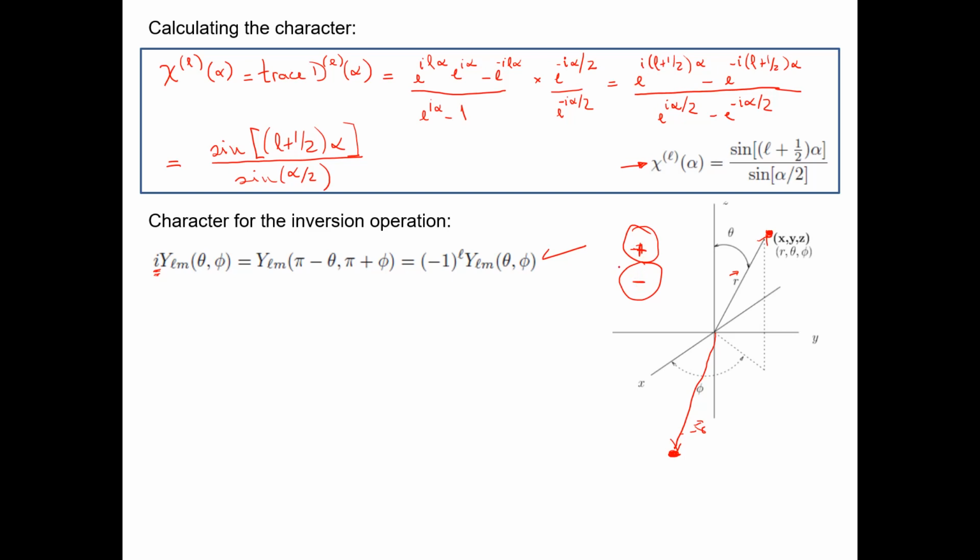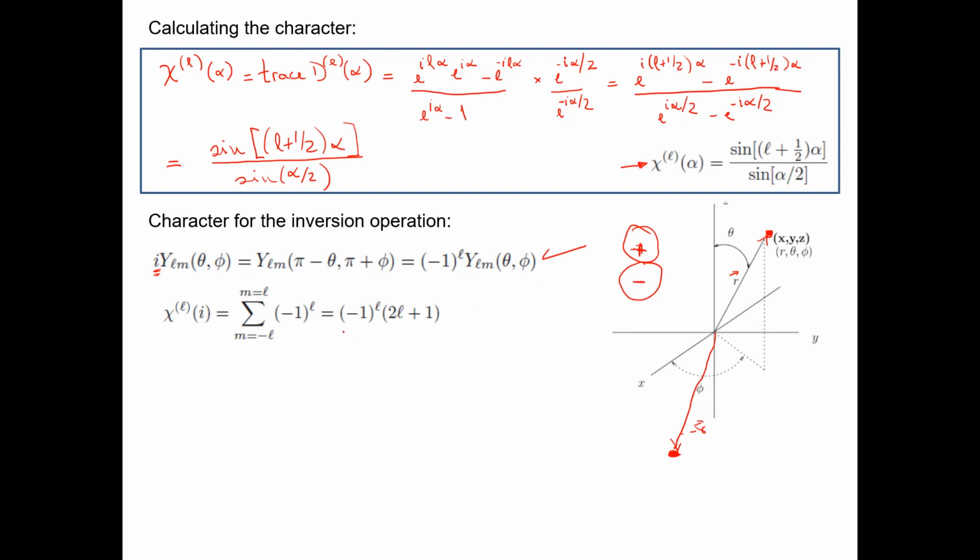You can see that when you invert, you get the same function multiplied by minus 1. So for odd values of L, you basically get the negative of the function when you invert. Okay, so this makes some sense. All right, so these are the characters for the inversion operator.